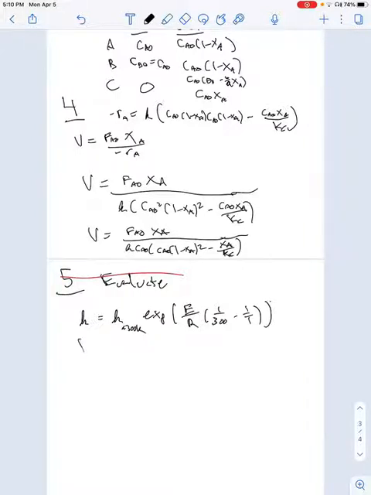And then similarly for the equilibrium constant, it is Kc at 300 Kelvin times e to the exponent of our heat of reaction over the gas constant times (1 over 300 minus 1 over T).